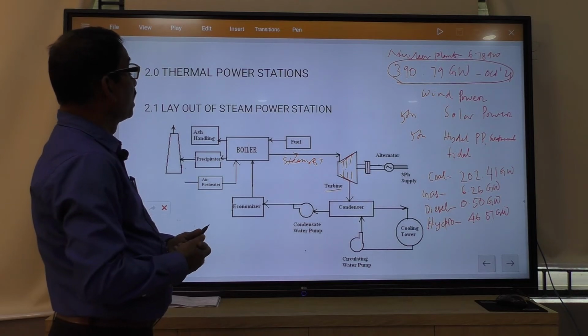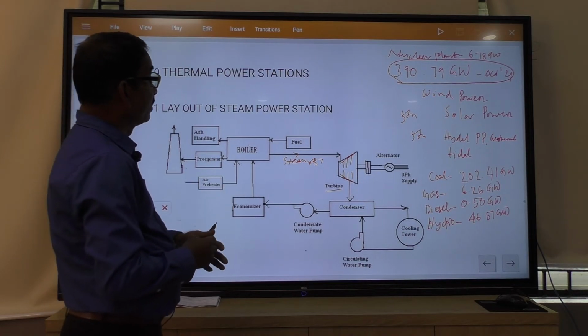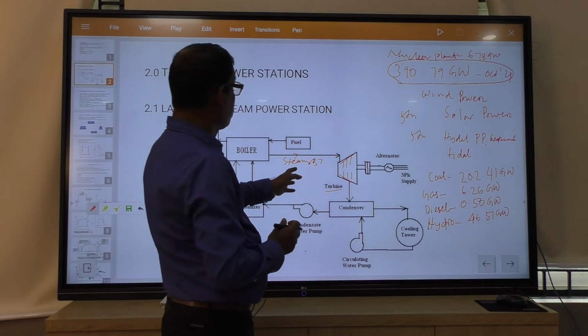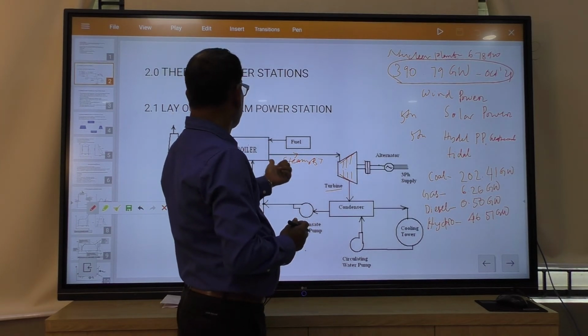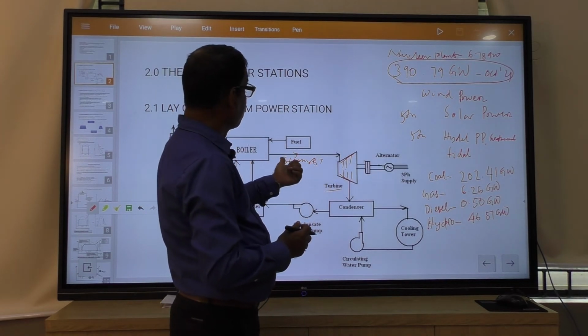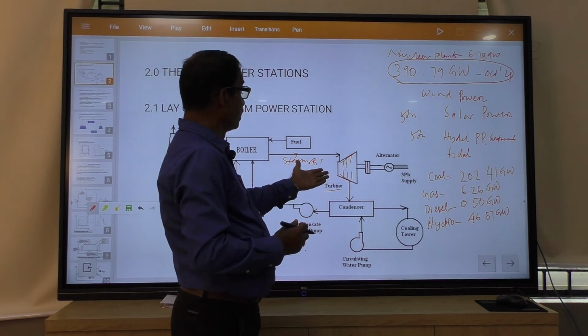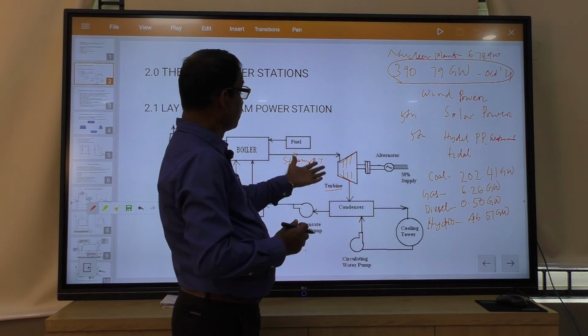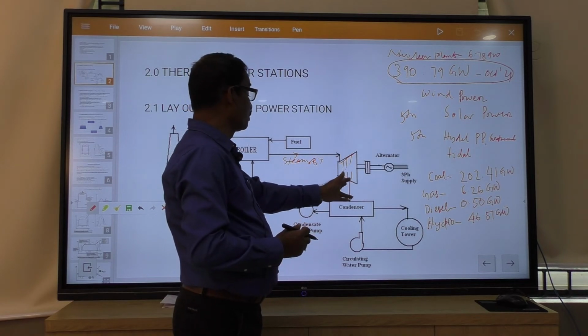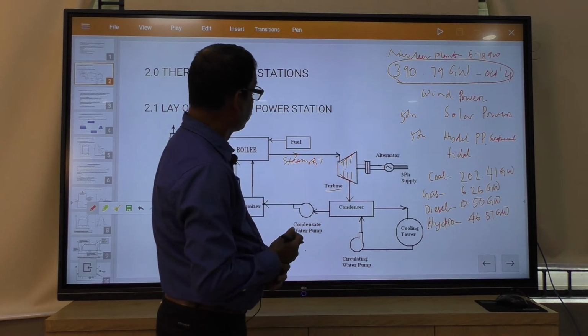From the boiler, actually there is a nozzle. In the nozzle, the heat energy is converted into kinetic energy. That means the nozzle is also a part of the turbine. That is why it is not mentioned here.